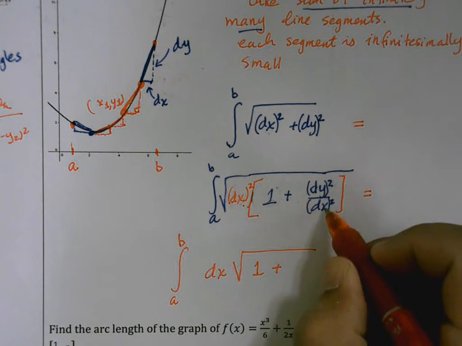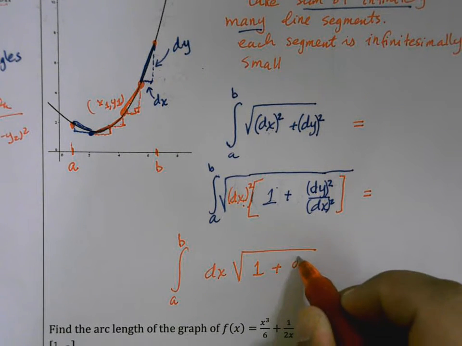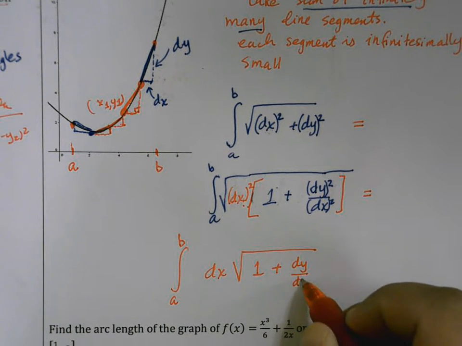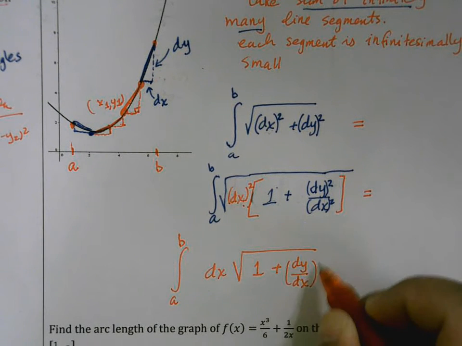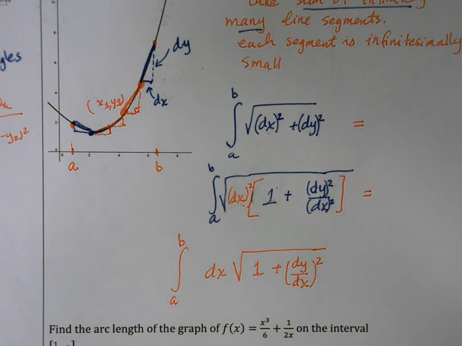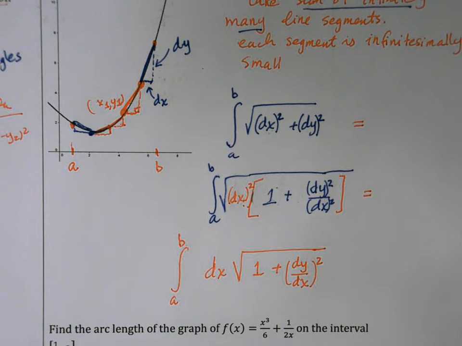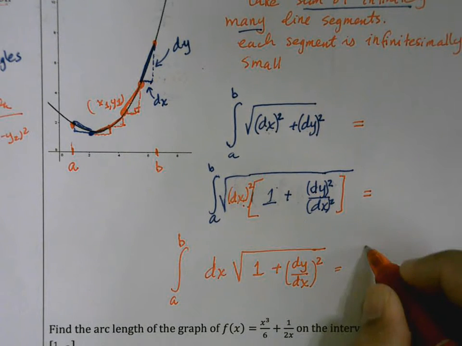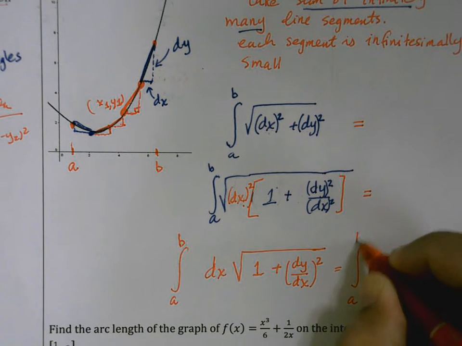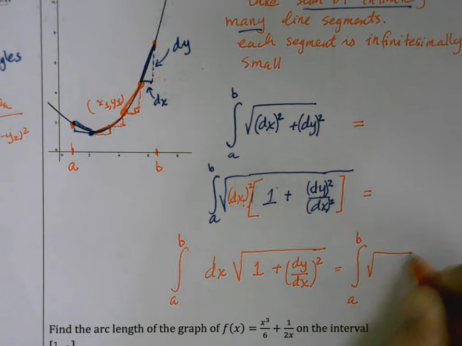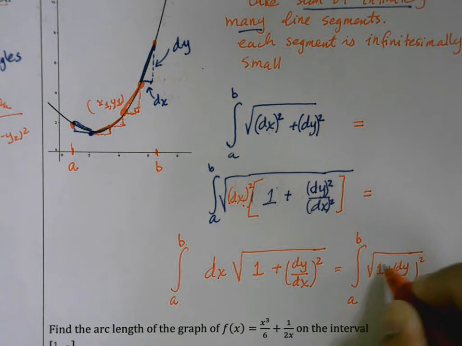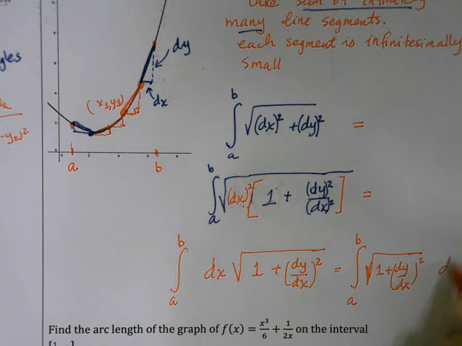And dy squared over dx squared we can regroup as dy over dx, quantity squared. And so hopefully now things look a little bit more familiar. This is the integral from a to b of the square root of 1 plus dy/dx quantity squared, all of that in the square root, and then there's a dx out here.